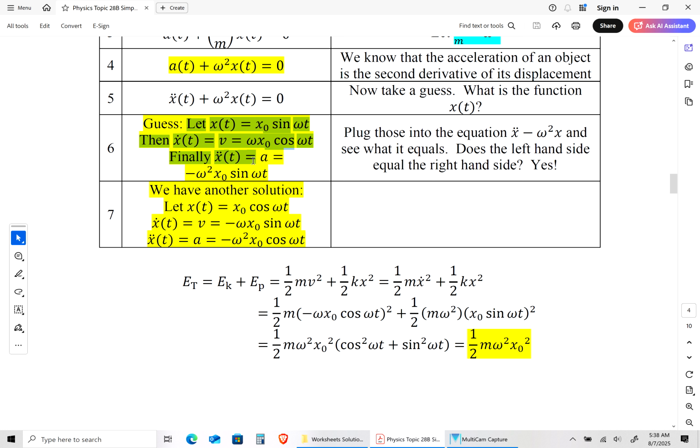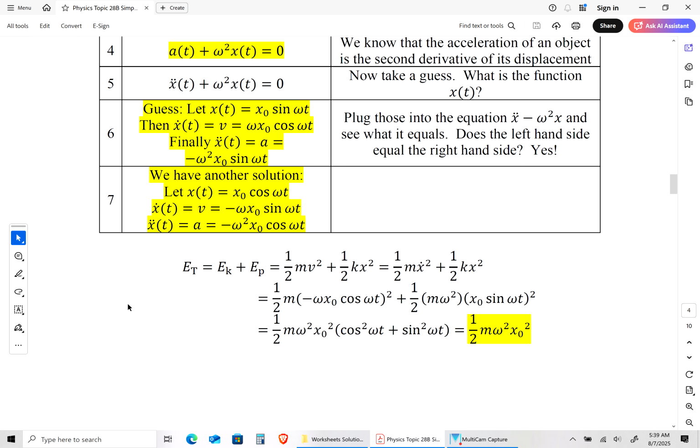So let's take this solution and substitute it in for x and x dot into this equation. We get this. And then we could factor some terms out. We know sine squared omega t plus cosine squared omega t is 1. So this is our total energy here: 1/2 m omega squared x sub 0 squared.